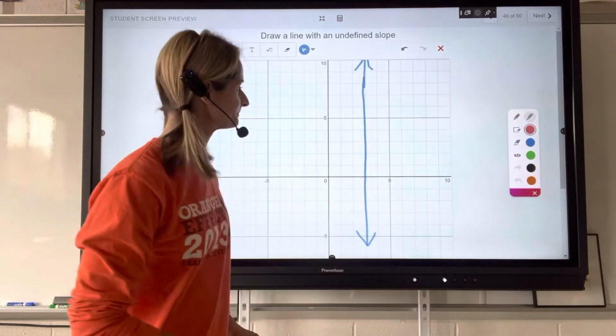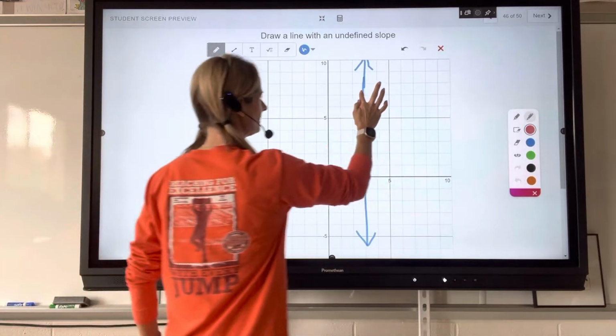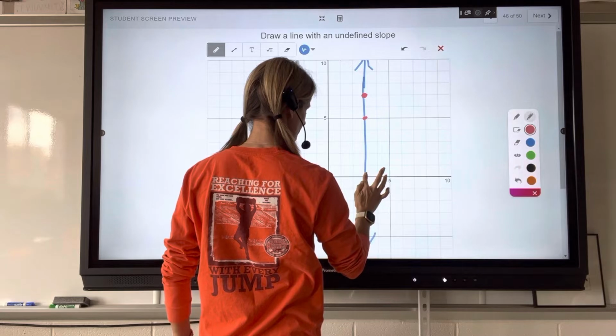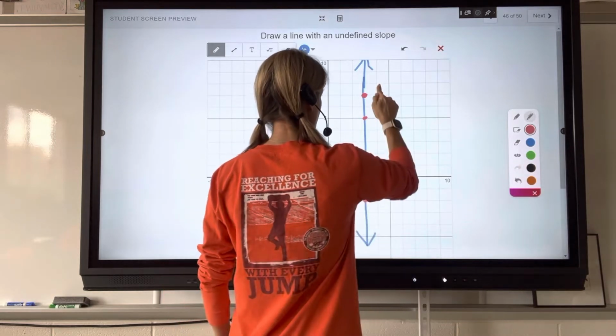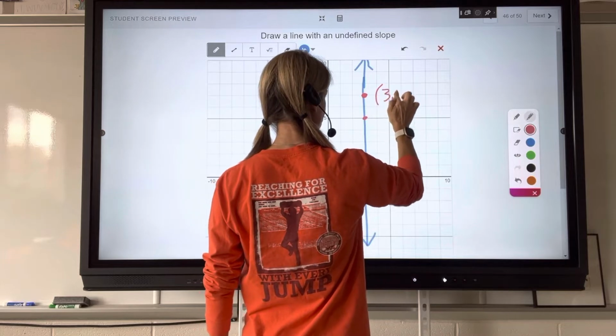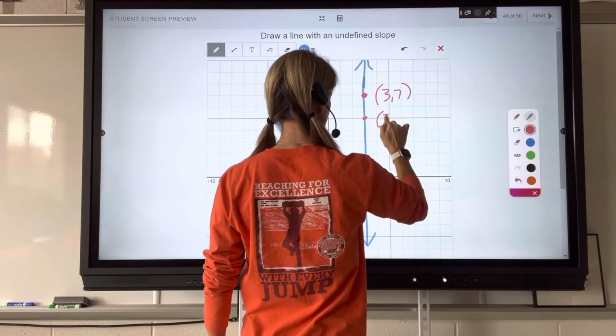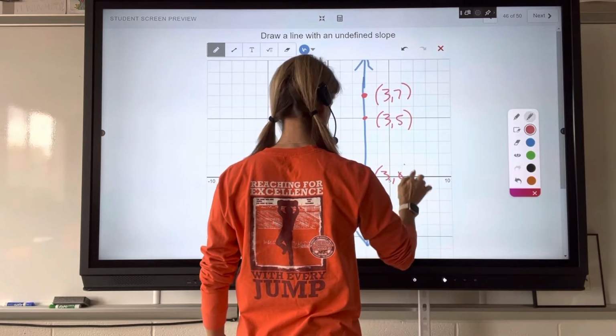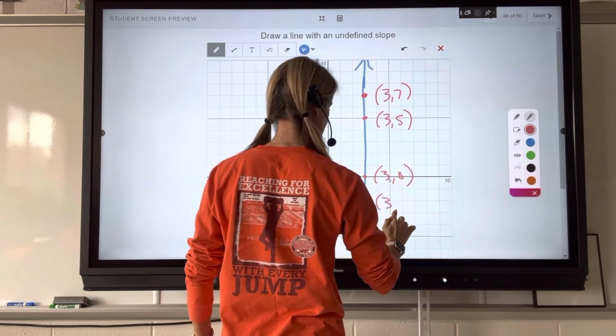Here it is. If I pick a bunch of points on this graph, and it doesn't matter what points I pick, just pick 4. The ordered pair for this one is 3, 7. This one's at 3, 5. This one's at 3, 0. This one's at 3, negative 2.